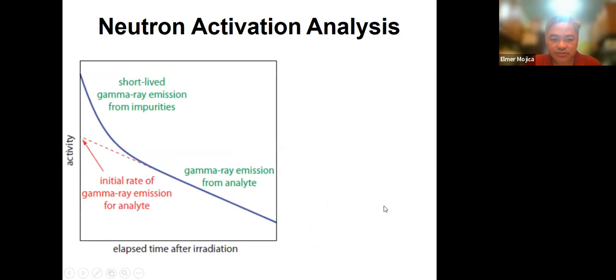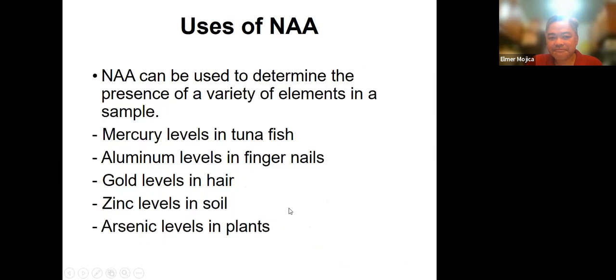And the way they do it is they monitor with time after irradiation, and then relate it to the concentration, okay?